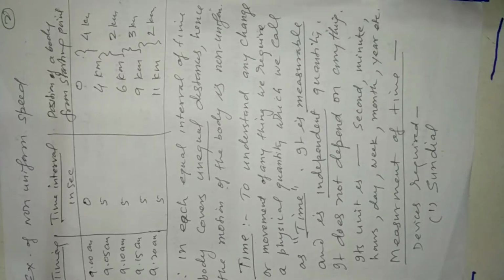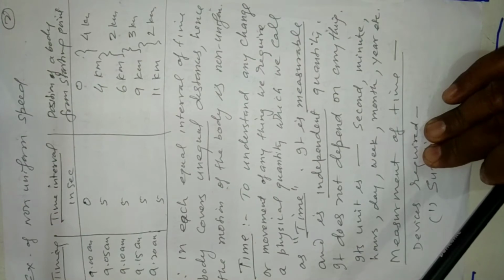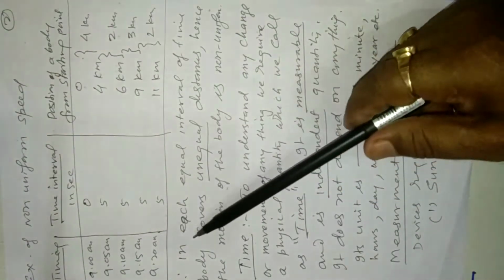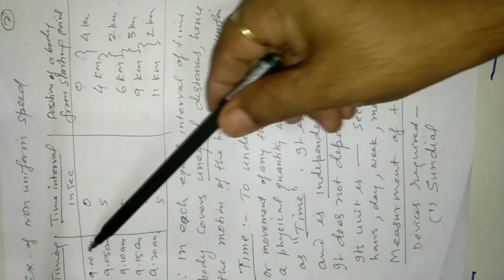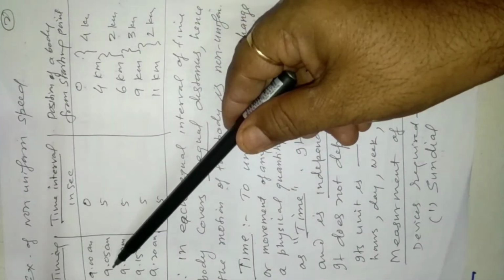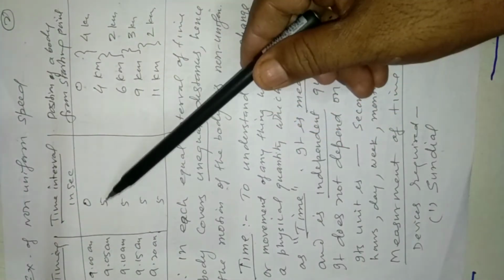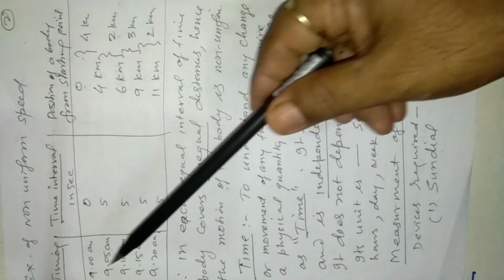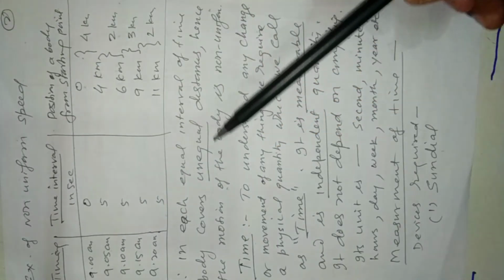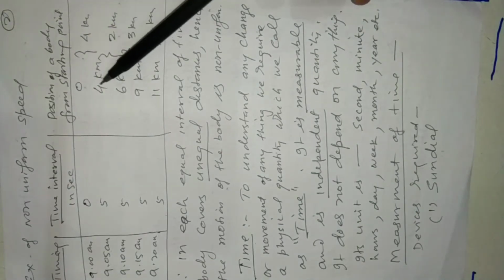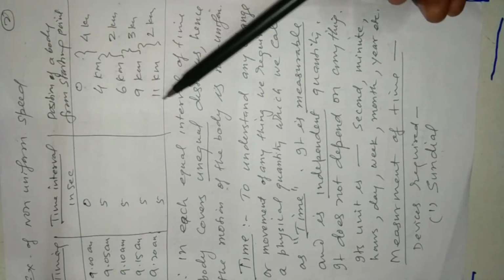For non-uniform speed, I am taking a similar example. Time is written here, the time interval is given here. The difference between two times is the time interval. 9.05 minus 9 is 5 seconds. 9.10 minus 9.05 is 5 seconds. And the position of the body from the starting point is given here as 4, 6, 9 and 11.